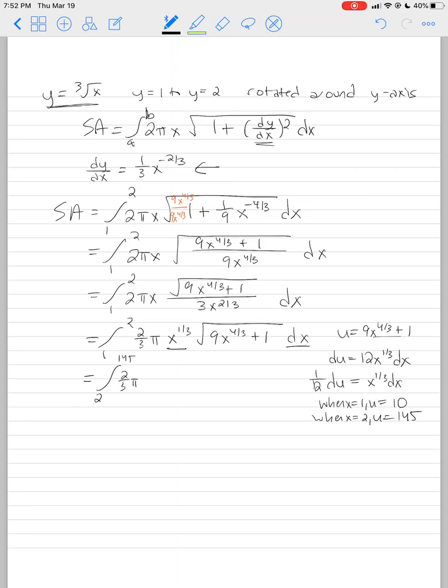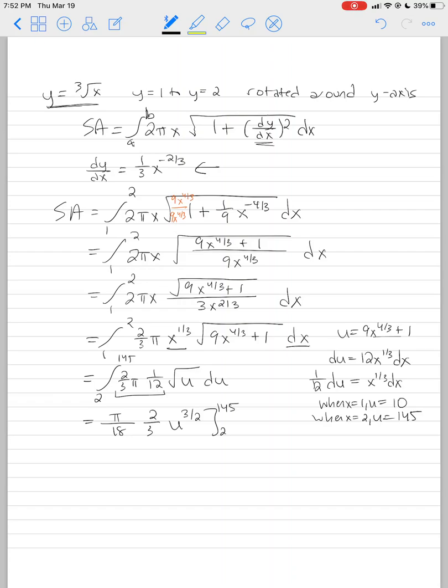2/3 pi is still there. The x to the 1/3 dx becomes 1/12, and then square root u du. Okay. All right, so these combine to give me pi over 18. Antiderivative square root of u is u to the 3/2 divided by 3/2.